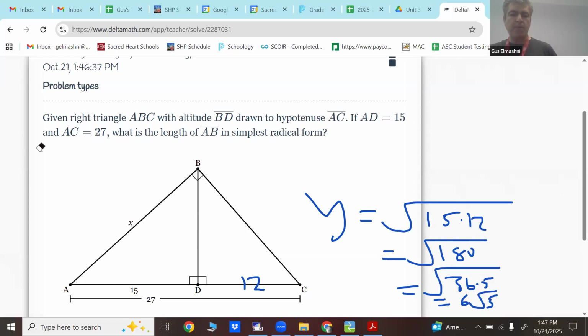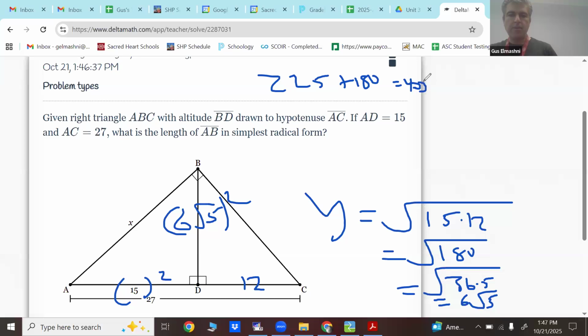Do Pythagorean theorem, which could be a little bit of a pain. If you square 15 and square that, you have 225 plus 180, which is 405. Square root of that. Oh boy. What's that going to be? So I have a calculator. Ollie, have a calculator. What's 405 divided by 9?